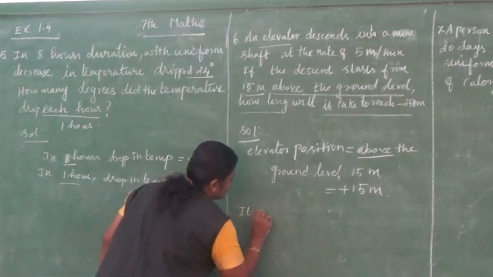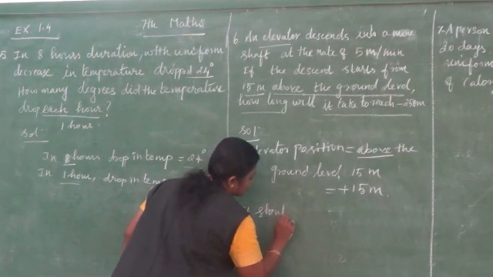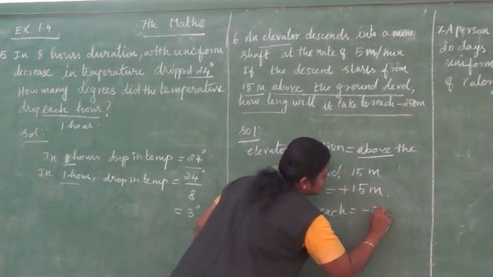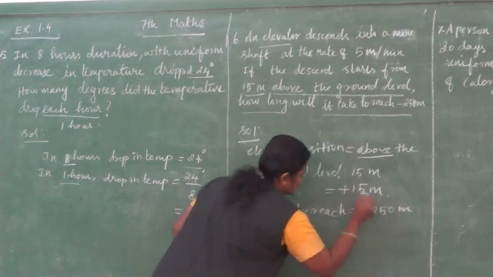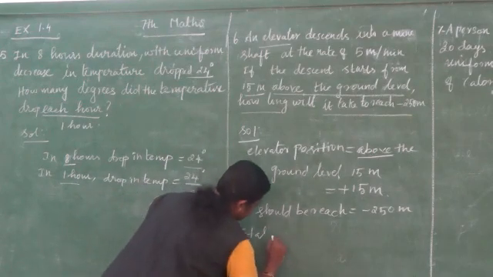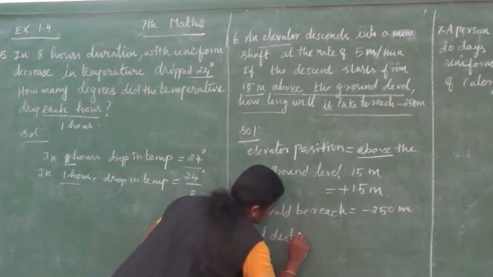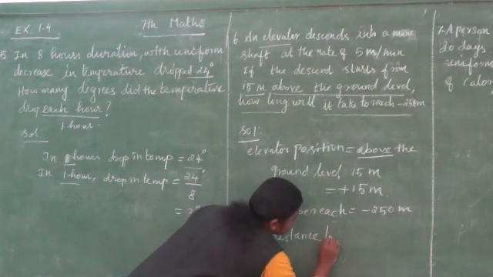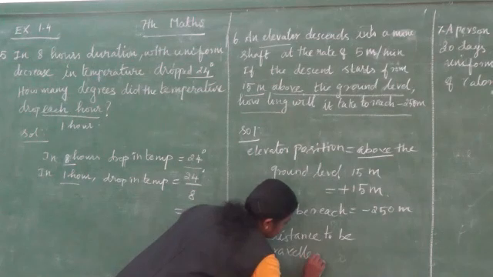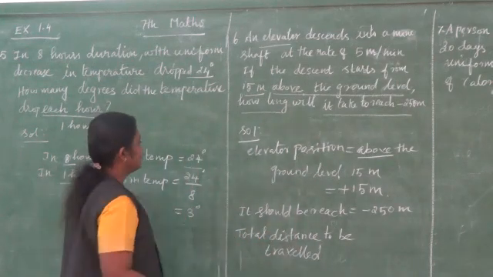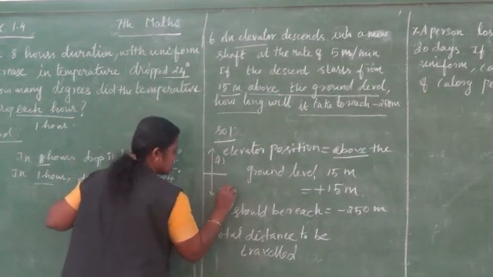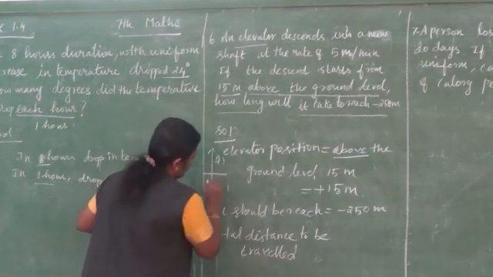So we have to find out the total distance to be travelled. That day itself I told you, if it is down it is minus, above is plus, at 0.